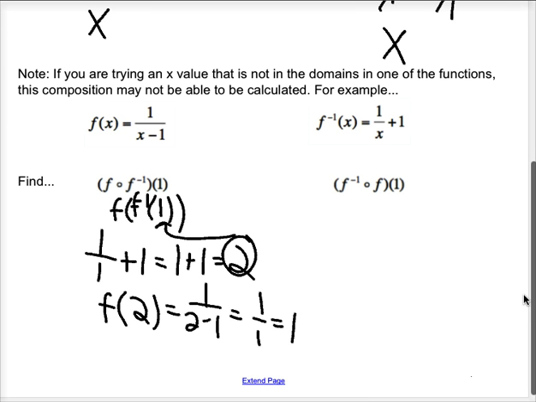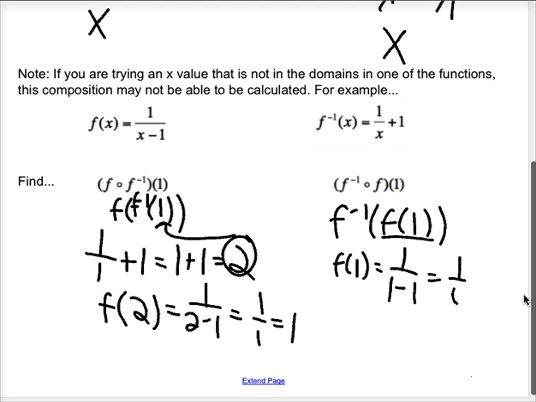Well, let's think about the reverse of that. In this direction, oh, I'm sorry, I'm writing that poorly. It's telling me to calculate f of 1 first and then put that into the inverse function. Well, if I'm calculating f of 1, we have a problem here. I can't divide by 0.